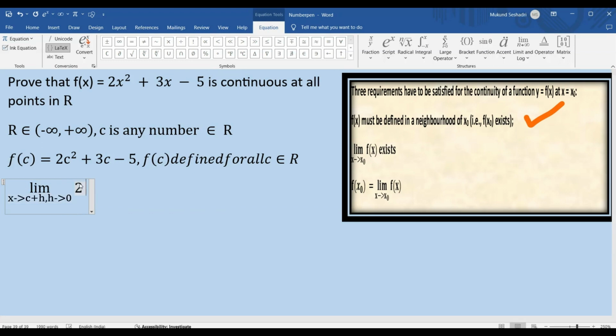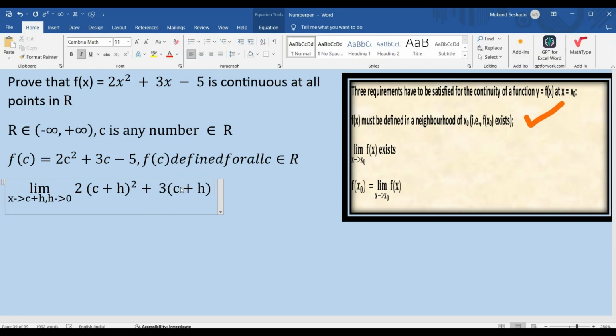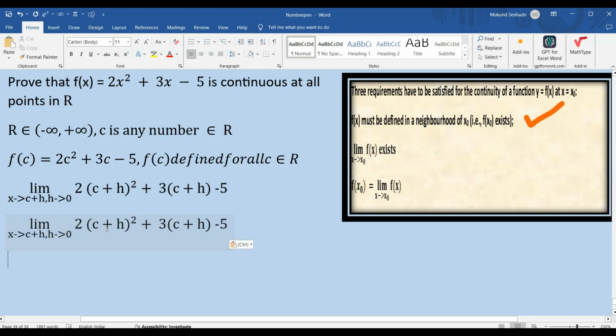So when I write this like this, what do I get? I get 2 times (c plus h) the whole square, plus 3 times (c plus h), minus 5, right? And let's expand (c plus h) the whole square and rewrite it.